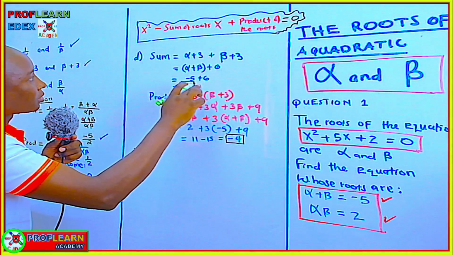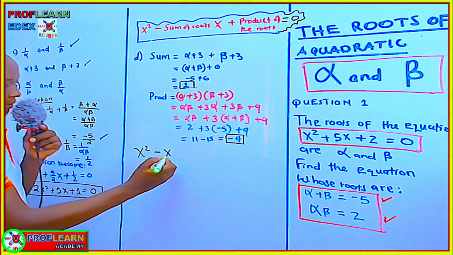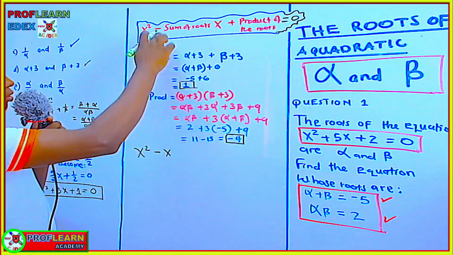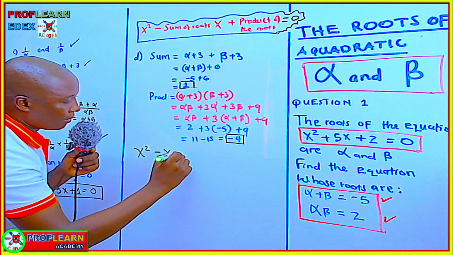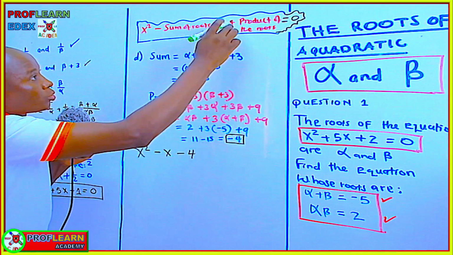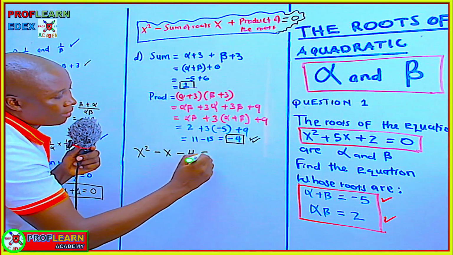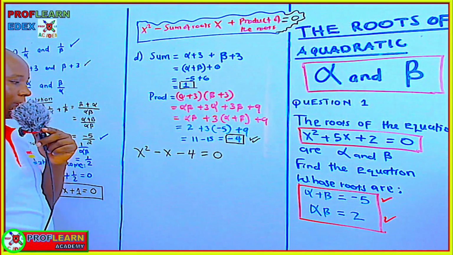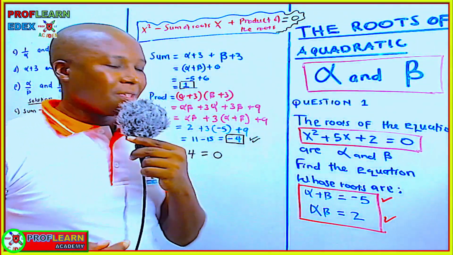The sum is 1, so we are going to say minus 1x, and then minus 4, because we add the product of the two roots, and our product is this one. So the final answer becomes x squared minus x minus 4 is equal to 0.